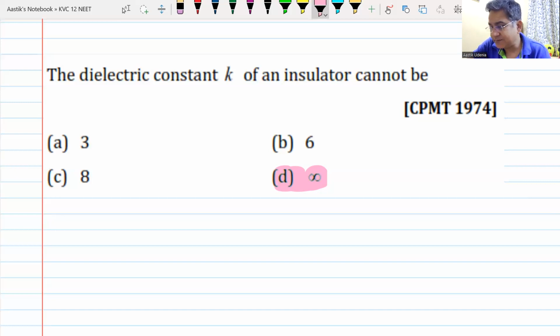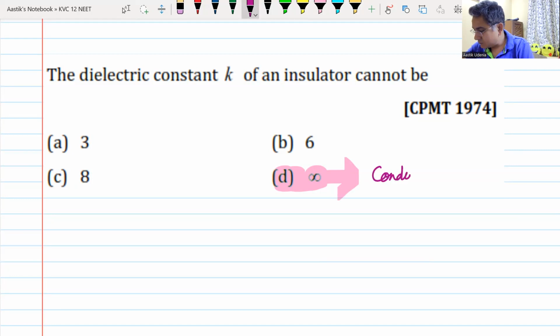Anyone remembers it? No one remembers it. That's not a good sign. It is for a conductor, Abhiram. Well done. So K is always greater than or equal to 1. It lies between 1 and infinity, my dear friends.